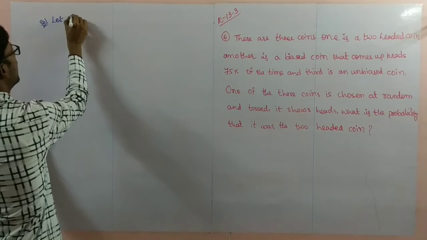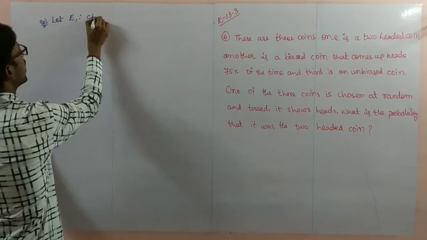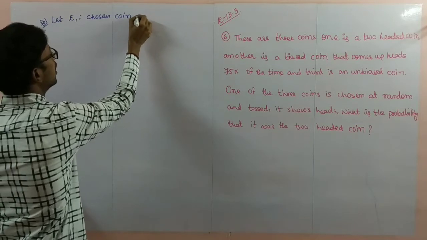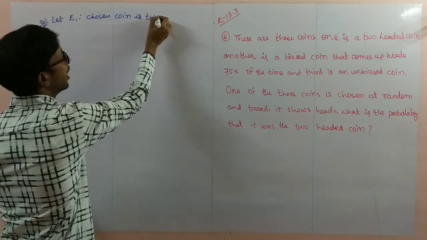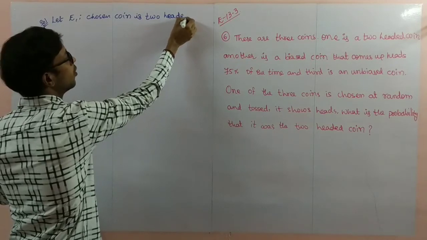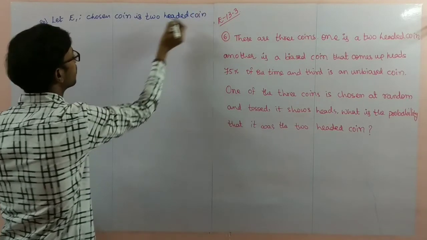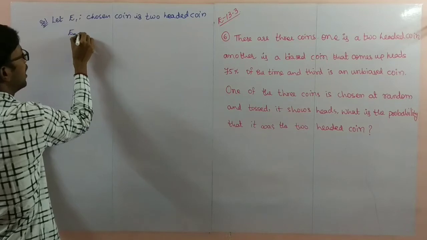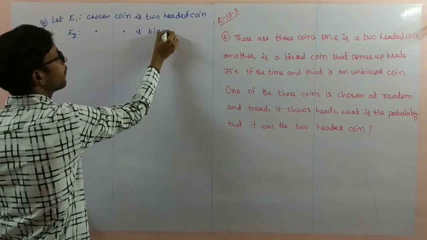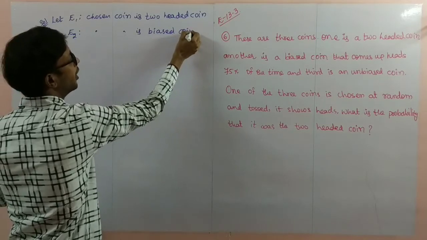Solution. Let E1 be the event that the chosen coin is a two-headed coin. Next, E2 be the event that the chosen coin is a biased coin.